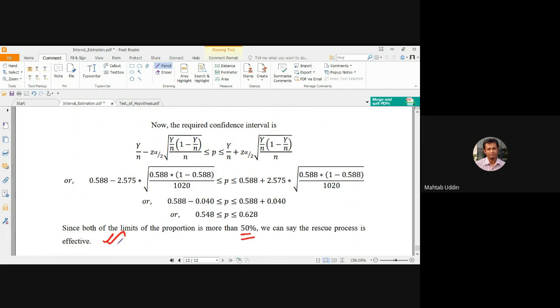Now, do you understand the basics of the interval estimation for mean and proportion? Please look at your lecture and let me know if there are any problems.